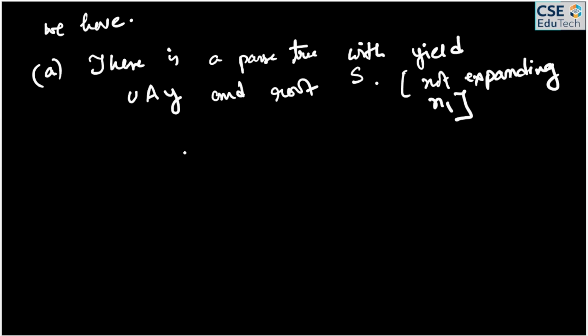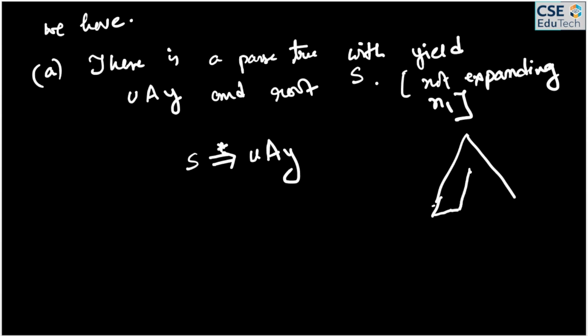So what we have obtained after many steps is that S derives uAy. From here, this is A, this is start, and we consider u and y.